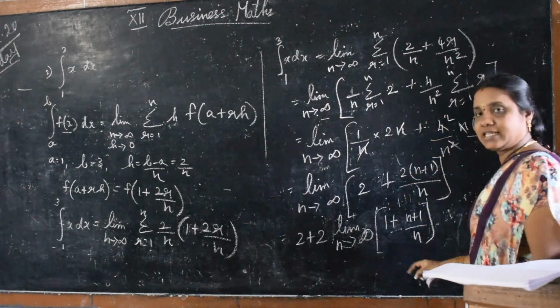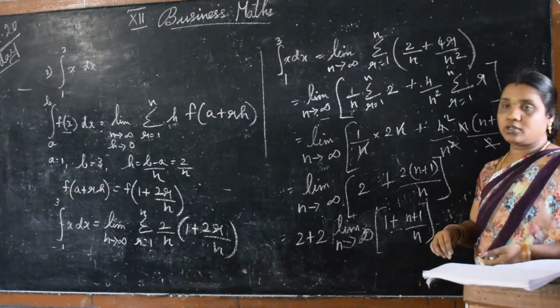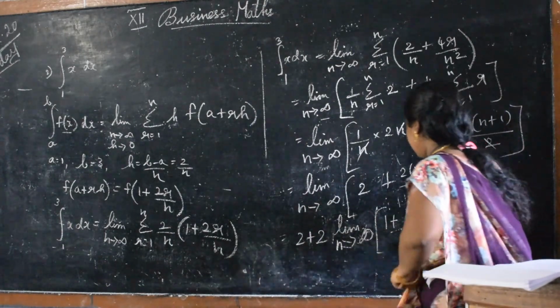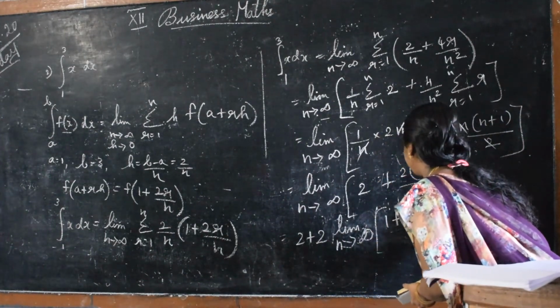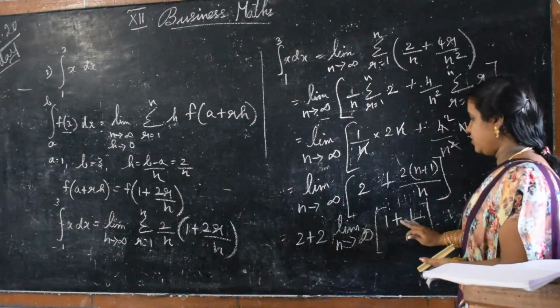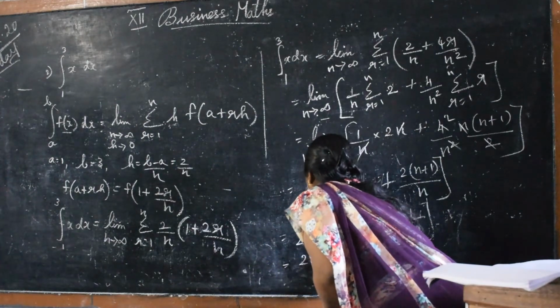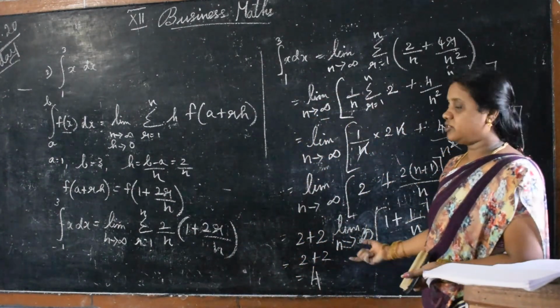This n gets cancelled, it becomes 1 plus 1 by n. So listen. See, remaining 1 plus 1 by n. If n tends to infinity, only the 1 is there. That means 2 plus 2 is equal to 4. Have you understood, children?